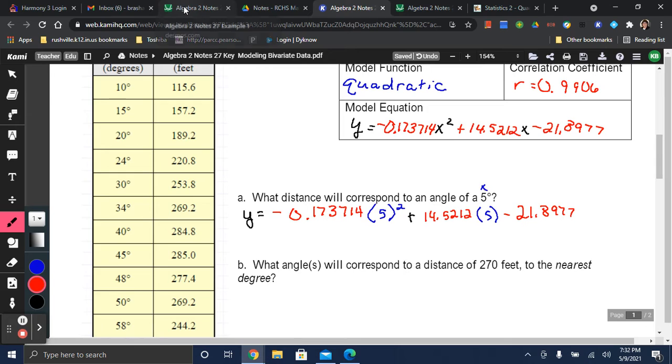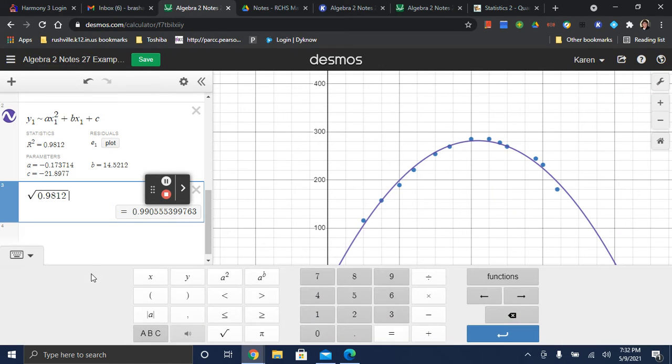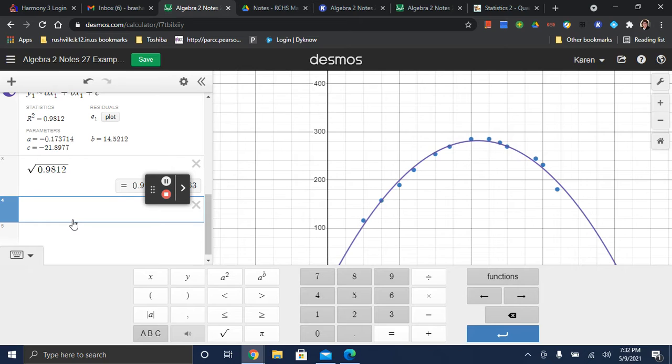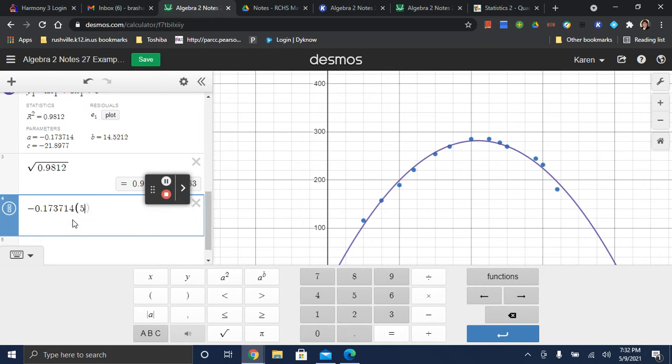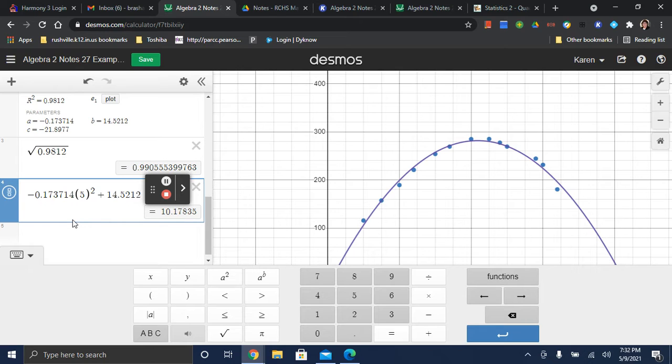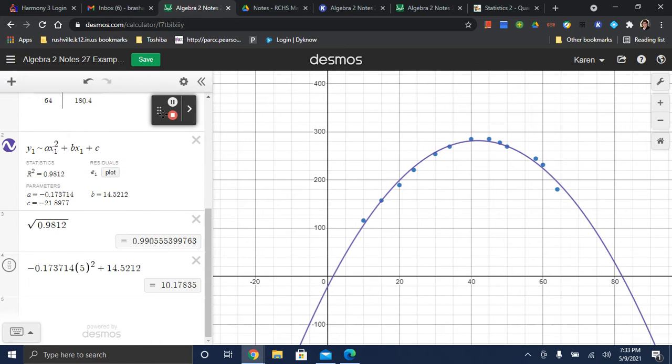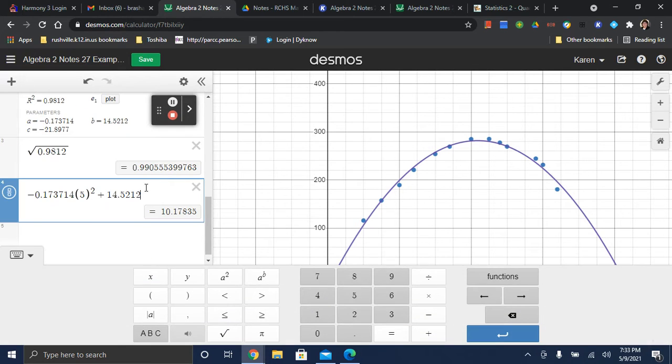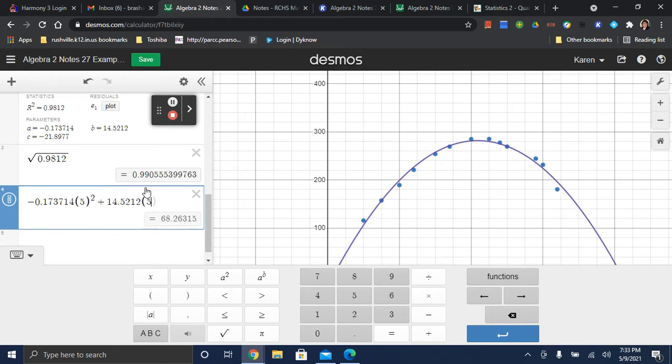We can go to the Desmos calculator and do that calculation. Starting off with your a, negative 0.173714, multiply that by 5 squared, and then add to that 14.5212 multiplied by 5.